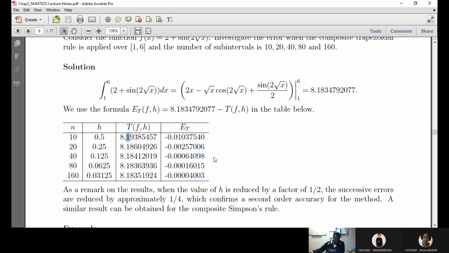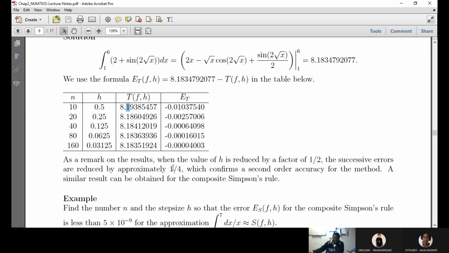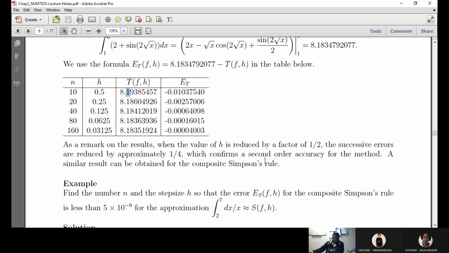Because normally with numerical differentiation for a second order method, it's supposed to capture 2 decimals, 2 decimals, 2 decimals. But here, the only trick that we use is the fact that the error is reduced by a factor of 1/4. So that's where we actually see the second order accuracy of the method.